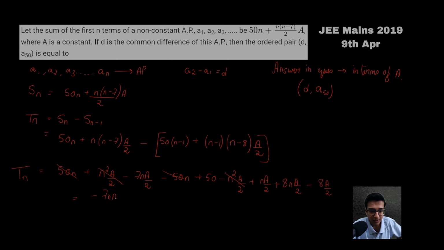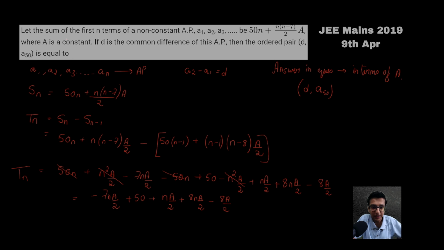Minus 7n a by 2 plus 50 plus n a by 2 plus 8n a by 2 minus 8 a by 2. There are a few common terms here, n a by 2, so we can add those as well. Let's take this to the next page.